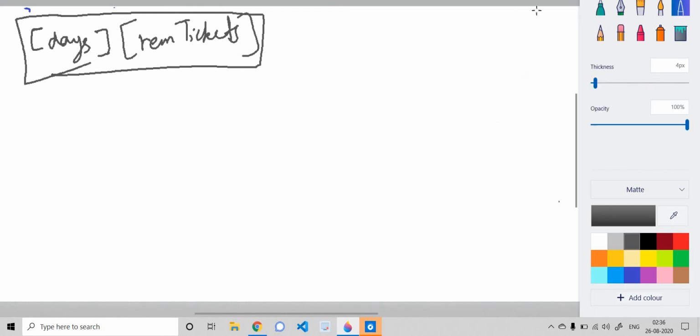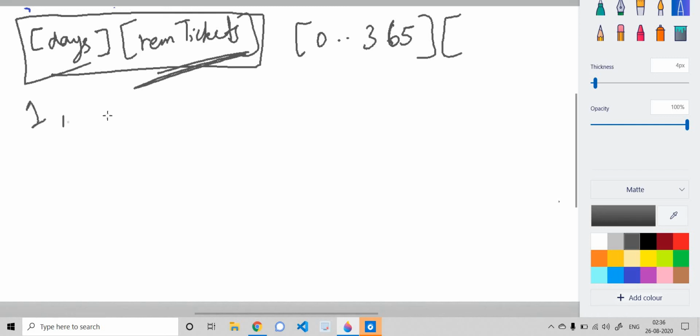Let's see the ranges of these states. As mentioned, the range of days would be from 0 to 365, since at most we would be booking tickets for 365 days. And for remaining tickets, as you see, we have 3 types of passes: for 1 day, for 7 days, and for 30 days. So the maximum number of remaining days can be 30.